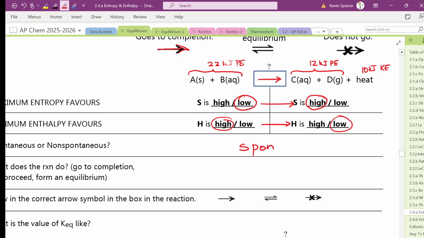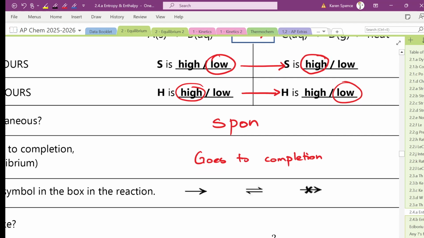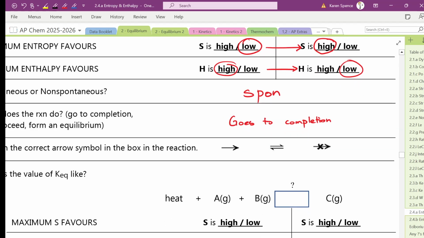Does this reaction go to completion, not proceed, or form an equilibrium? Goes to completion. And we've already put the correct arrow in the box. What is the value of KEQ like? Is KEQ very large, very small, or approximately equal to 1? Very large.